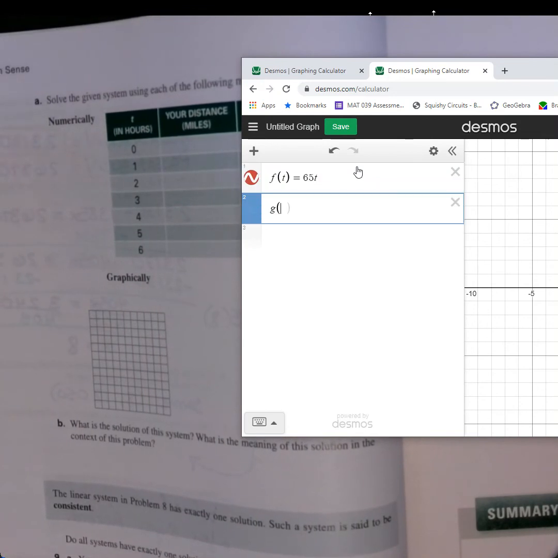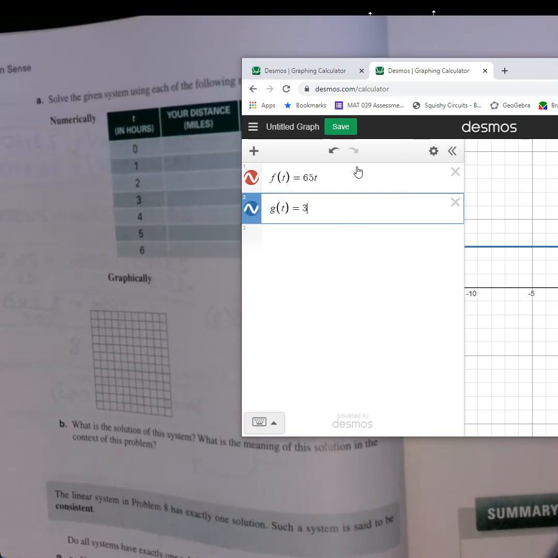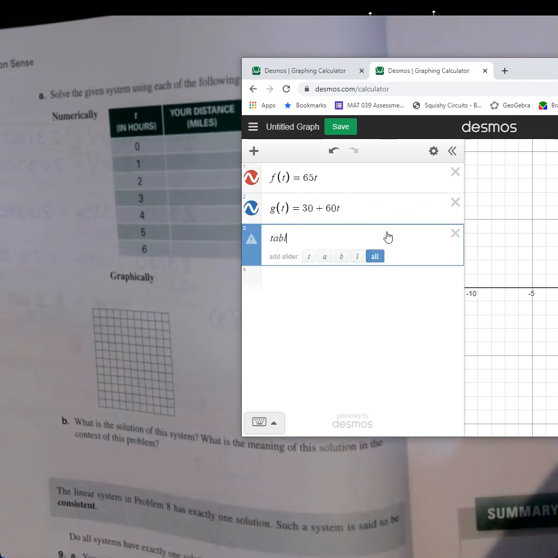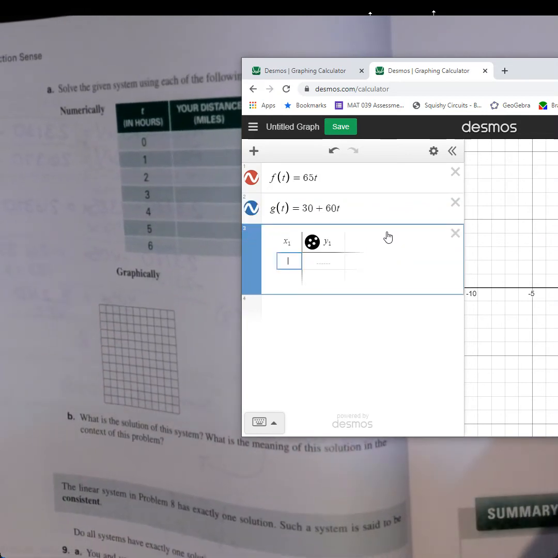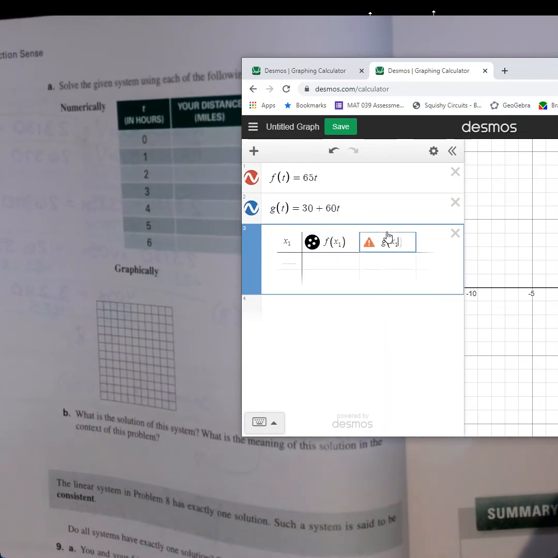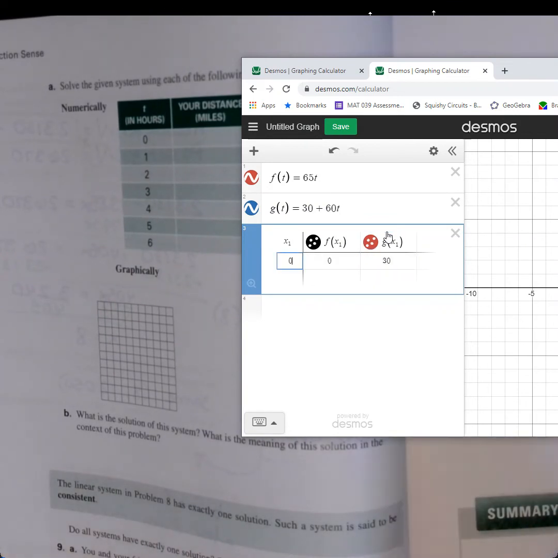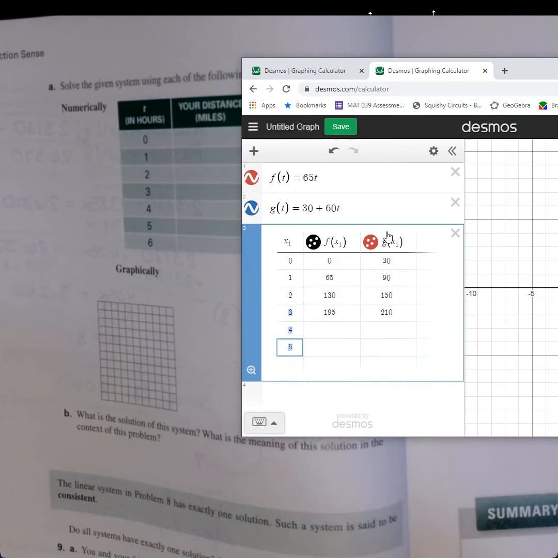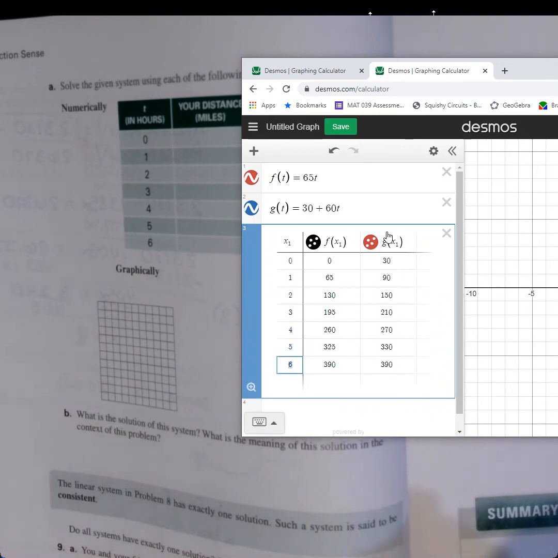And then we'll give my friend the function g. And she had a 30-mile head start, but she drives slower. There we go. Okay. And we want to make a table for f at x1 and g at x1. And we want 0, 1, 2, 3, 4, 5, and 6.